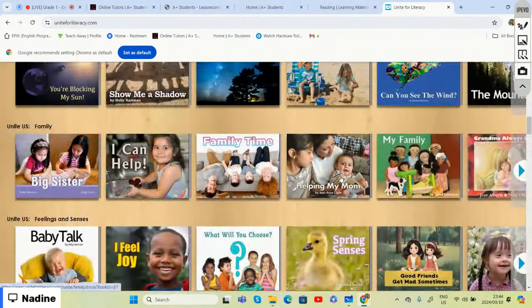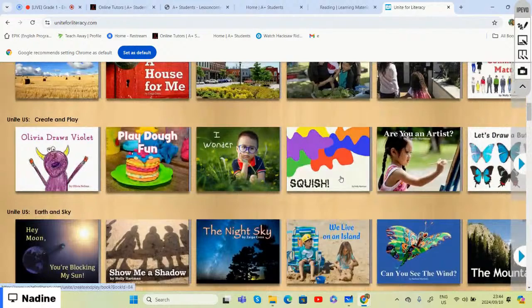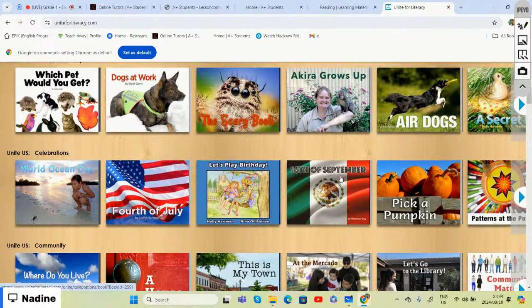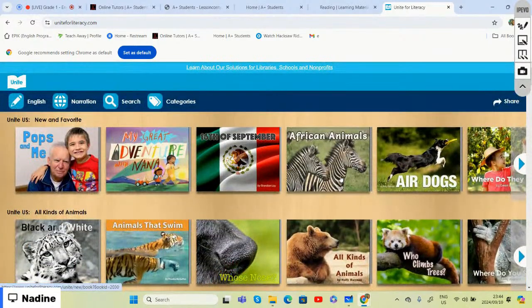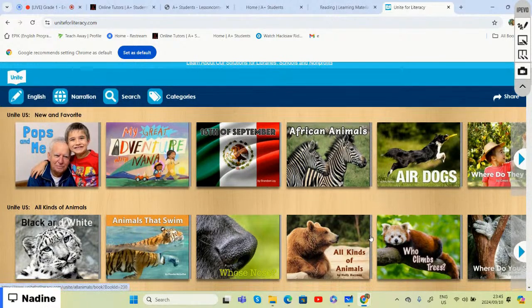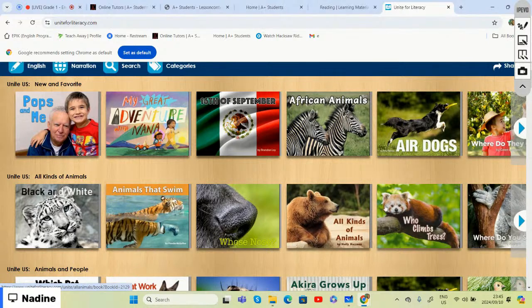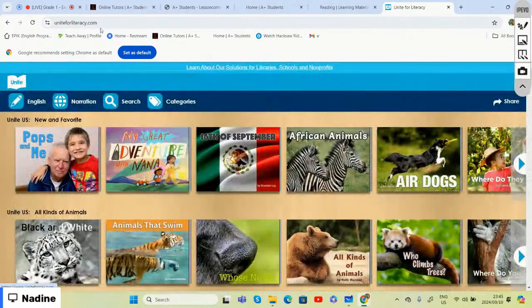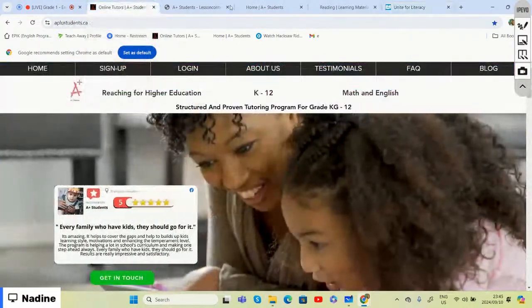These books will also help you to pronounce words and identify words. And also, we will be able to have fun listening to how somebody reads a specific book. So whenever you have time, please go over these books and you may read them.